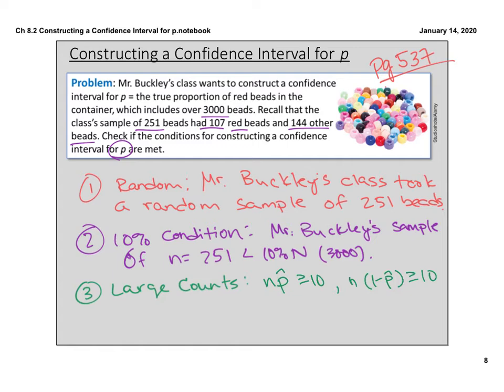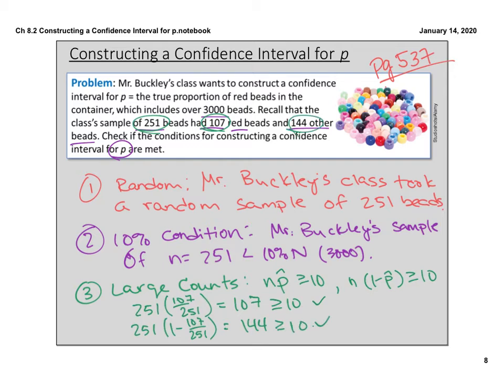In this case, that's 251 times your p hat value, which for the red beads is 107 out of 251, which is equal to 107, which is greater than or equal to 10. Great, check. The n times 1 minus p hat would be 251 times the other proportion of beads, 1 minus 107 out of 251, which is equal to the 144 others. Also greater than or equal to 10, check. Okay, so this whole thing right here, it's a lot.